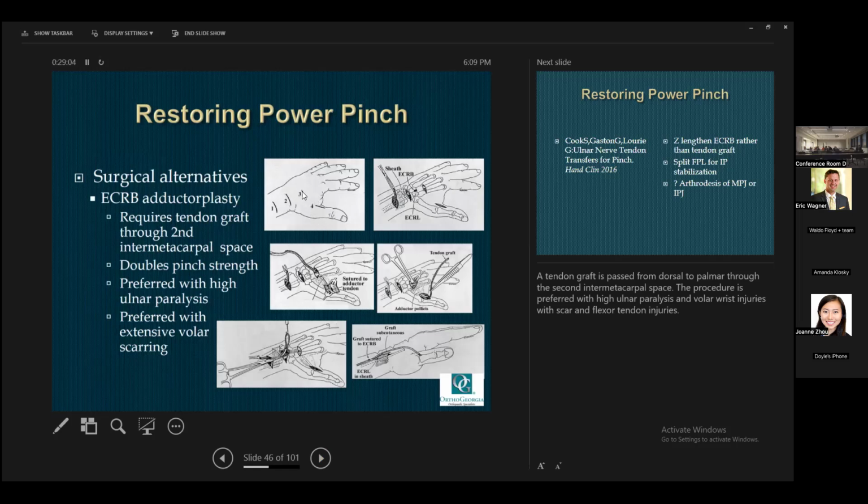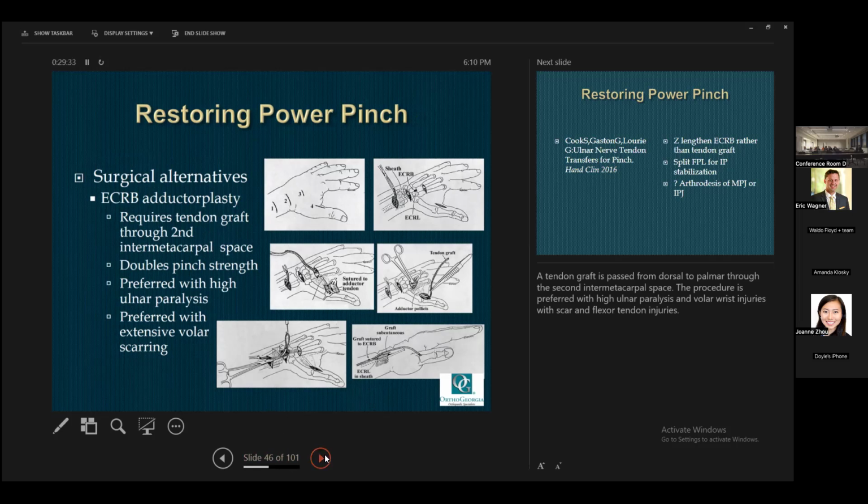You detach the ECRB here, you pull it back dorsal to the second dorsal compartment, and then bring it distally, and it requires, according to Smith, tendon transfer from the adductor through the second intermetacarpal space, and then the tendon juncture is here dorsally. It doubles the pinch strength.